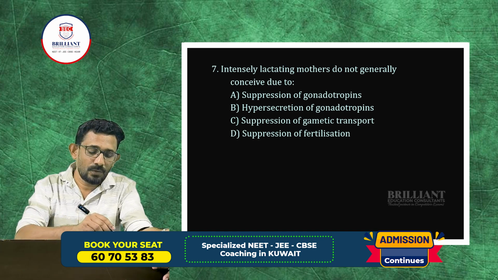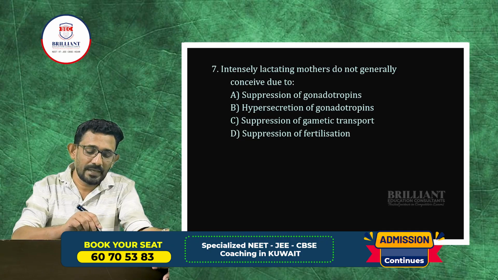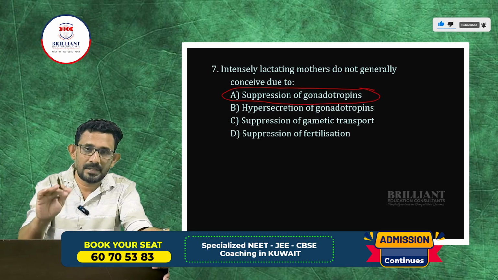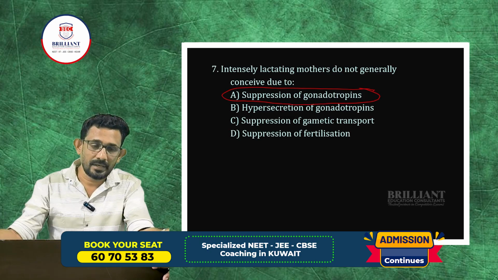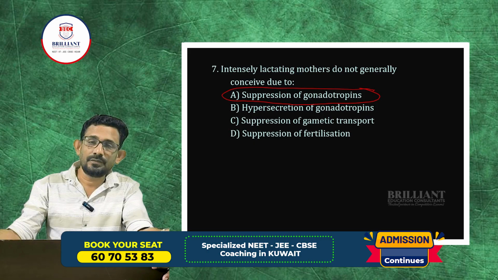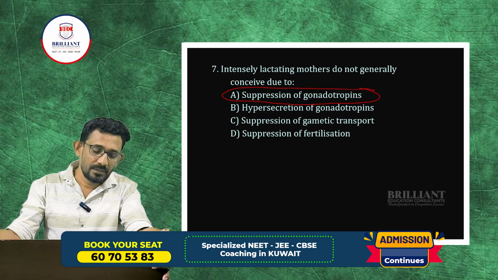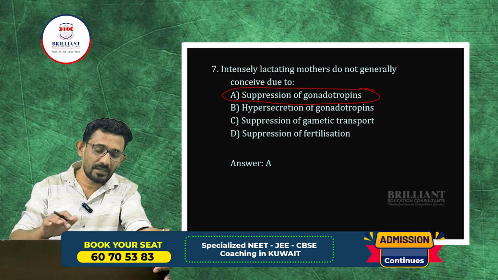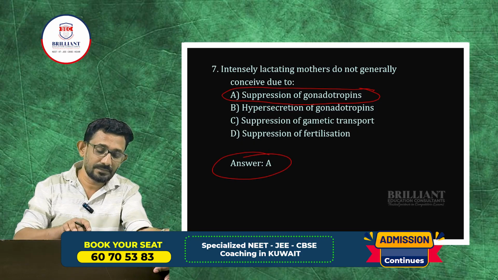So here options are suppression of gonadotropin, hypersecretion of gonadotropin, suppression of gametic transport, suppression of fertilization. So here it is clear that at the time of lactation, that period is called lactational amenorrhea, and there is suppression of gonadotropin. Due to that, the lactating mothers do not generally conceive. So here option A is the correct answer.